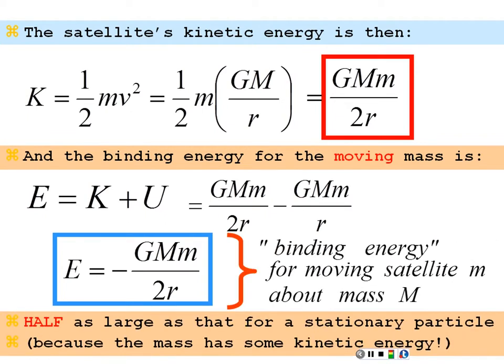Because the satellite has some kinetic energy, it's not going to take as much energy for it to escape the other object. In fact, in a stable orbit, it only needs half that energy in order to escape, as opposed to being stationary.